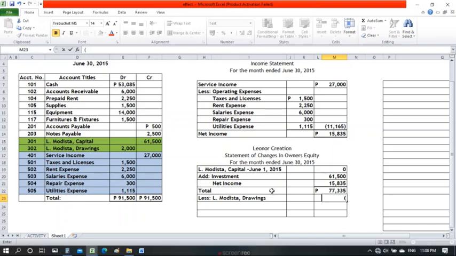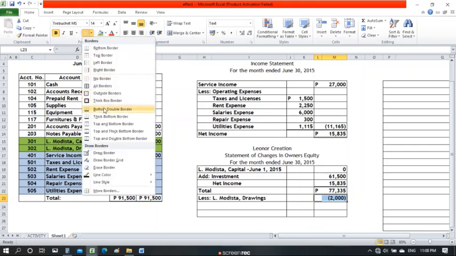Drawings is, since this is a reduction, don't forget to write the open and close parenthesis. The amount is 2,000. Basta pag ile-less, wag kalimutan maglagay ng open and close parenthesis.